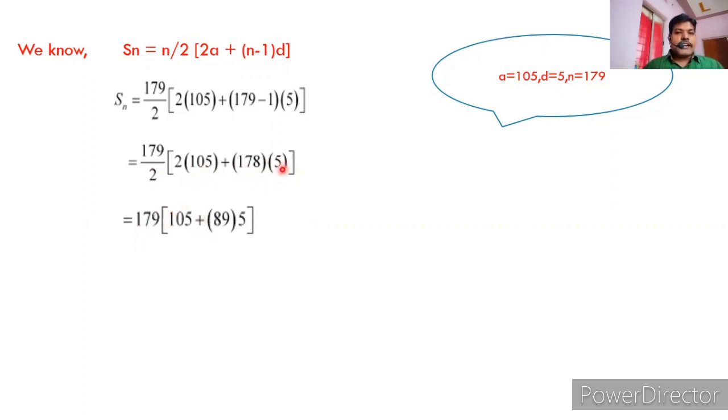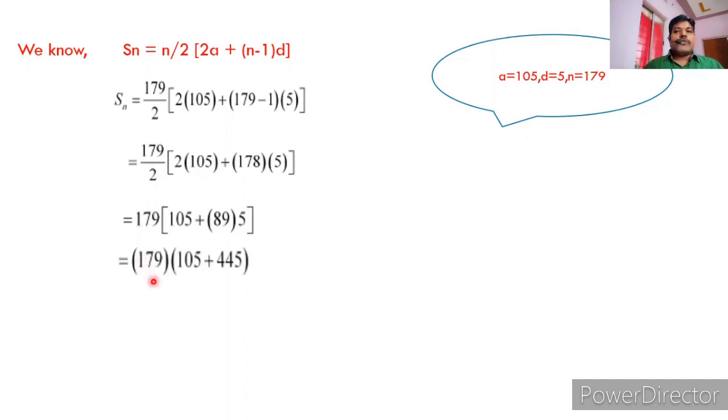Do you understand, students? Just take the 2 common from both the terms. Take the 2 out, here 179, and it will become 89. Already the 2 is in the denominator, so just cancel the 2. So it will become 179 into 105 plus 89 into 5.